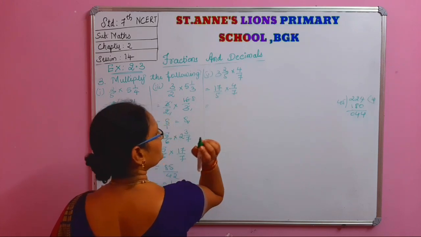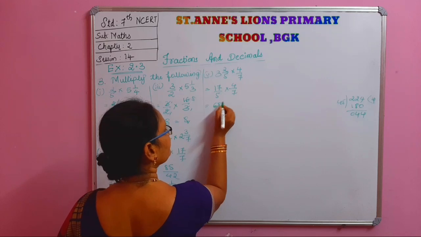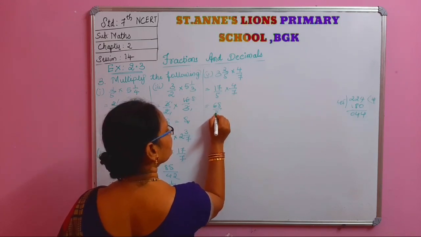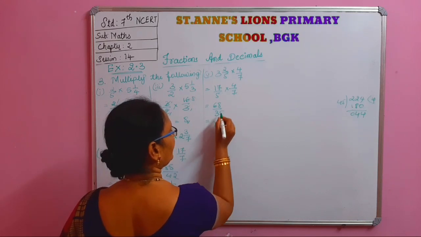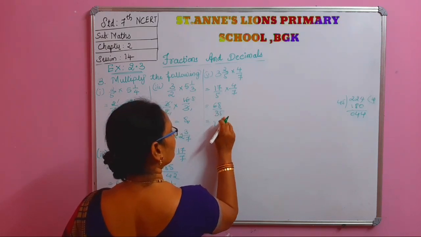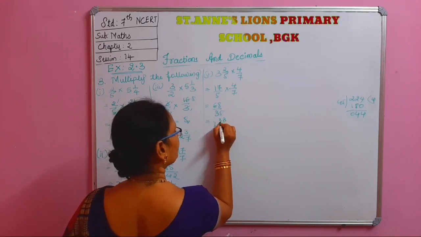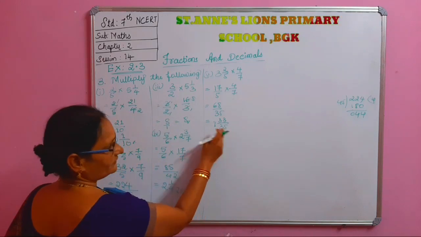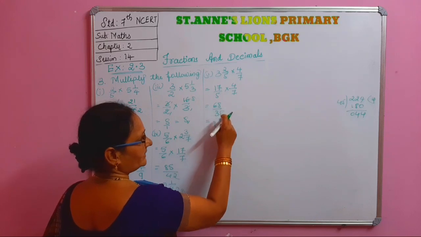See, no possibility of cancellation. 17 fours are 68. Then 7 fives are 35. Now 35 ones are 35. Then 1 integer 33 by 35. See, 35 ones are 35. 35 plus 33, 68. 68 divided by 35 we will get.